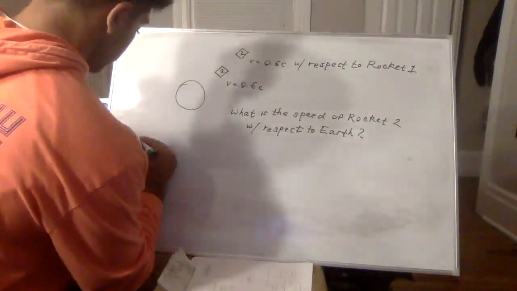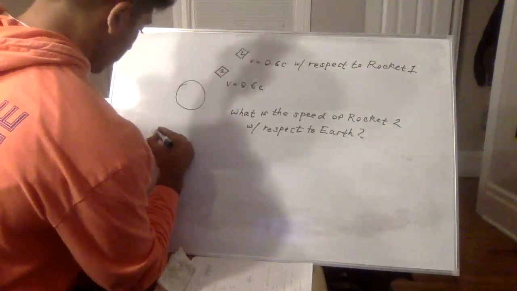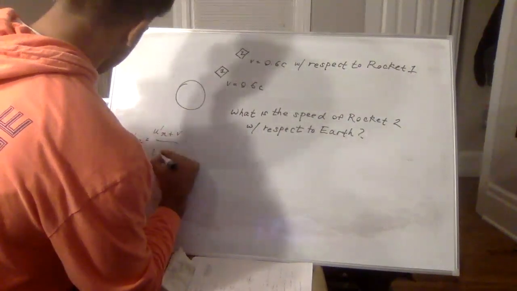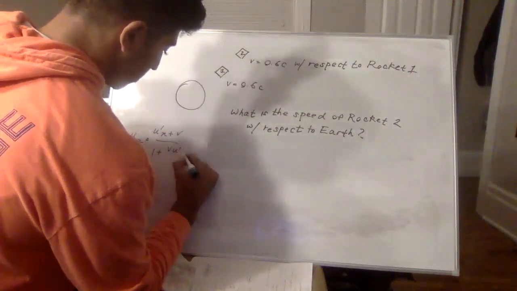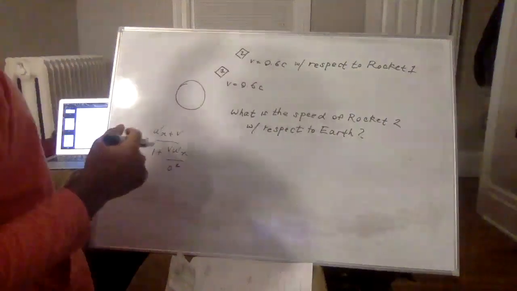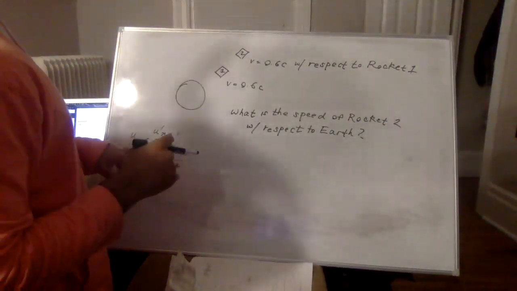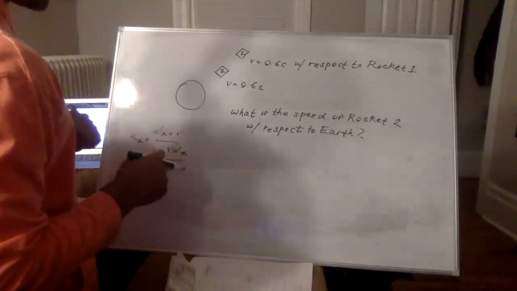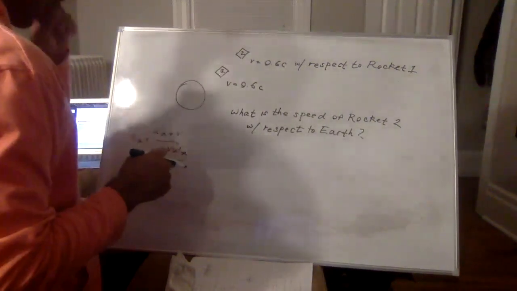So we say u of x equals u prime x plus v over 1 plus v u prime x over c squared. Remember, u of x is our non-moving reference frame. u prime of x is our moving reference frame. v is how fast the moving reference frame is moving.